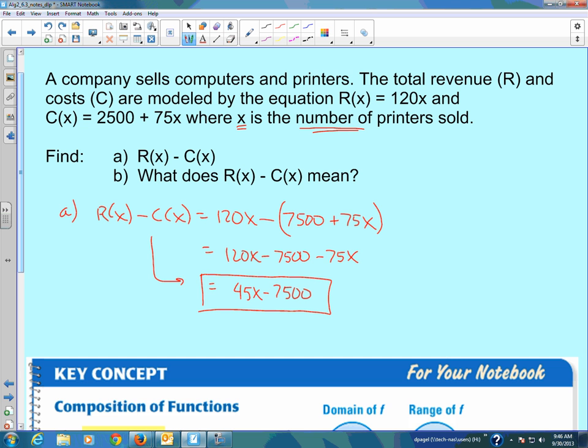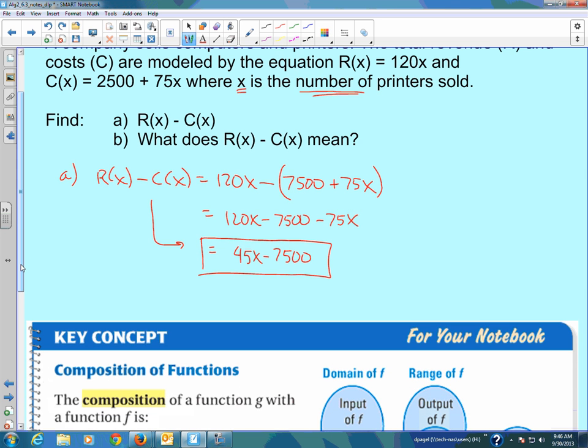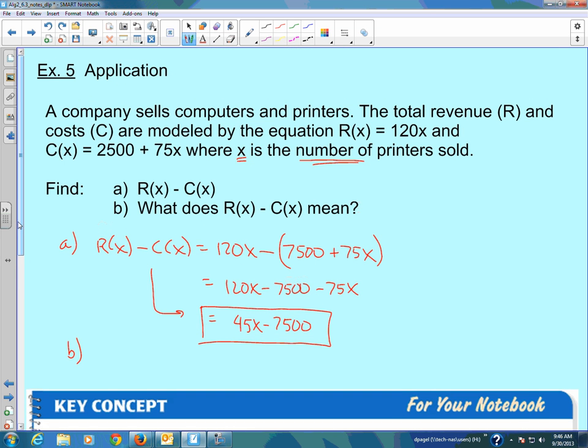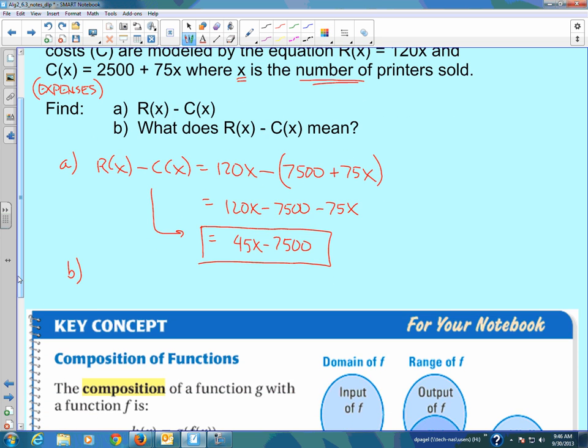Now, for part B, what does that mean? Well, in the business world, we have revenues, and that's like money coming in. We have costs. Those are expenses, money going out. And when you find a difference between revenue and costs, you have profit.